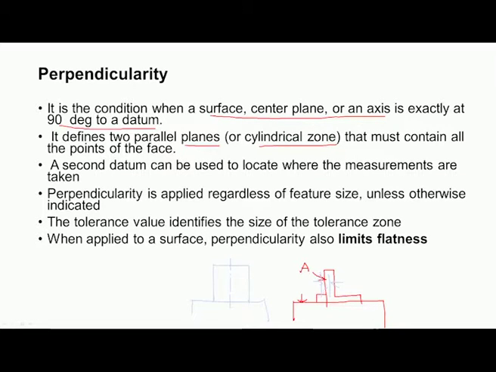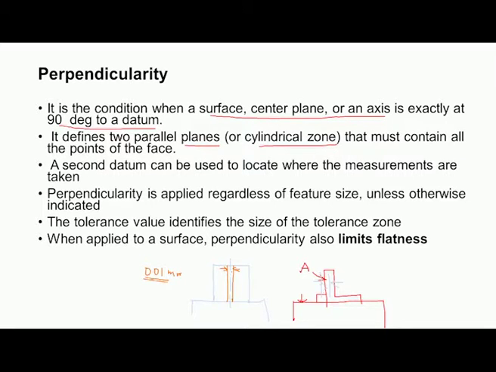So, if the perpendicularity condition is given to the axis, and say the perpendicularity should be within 0.01 millimeter, we have to consider a cylinder here, the diameter being 0.01, that is the specified value.